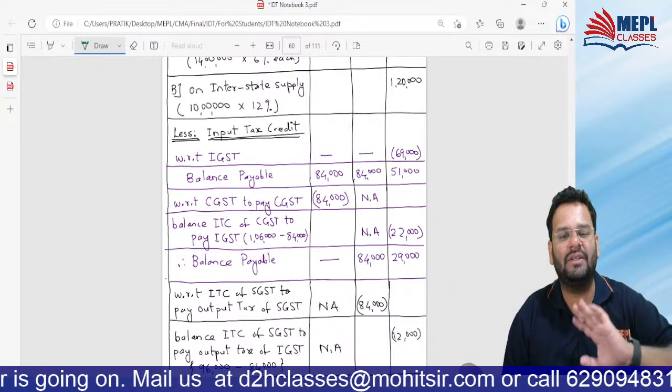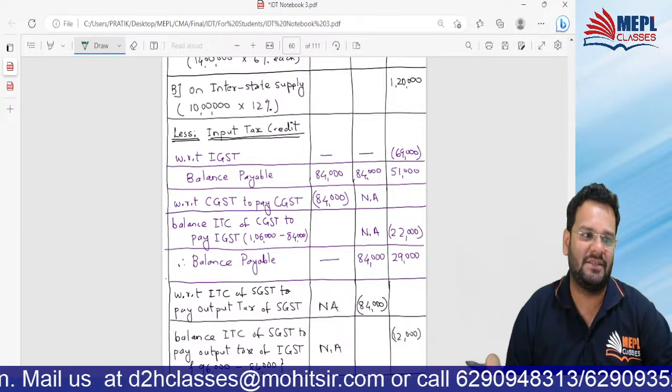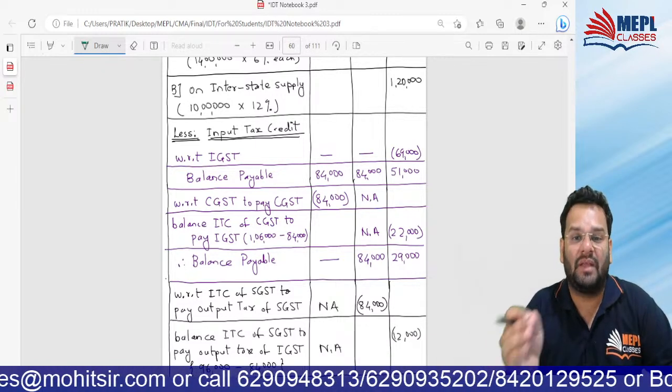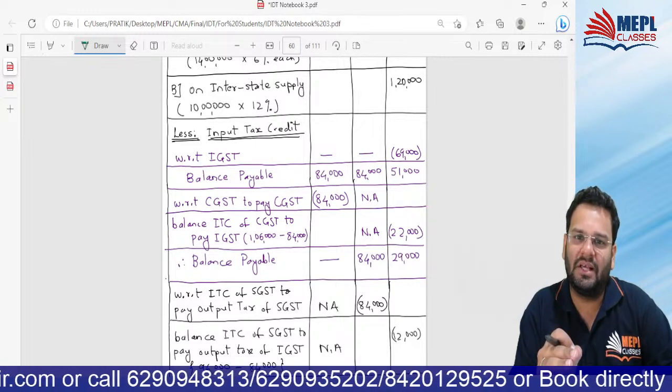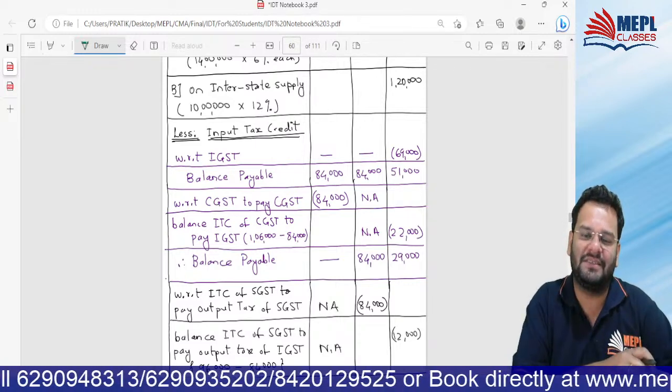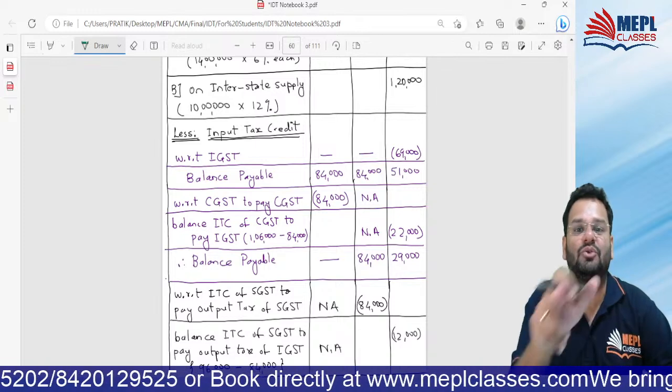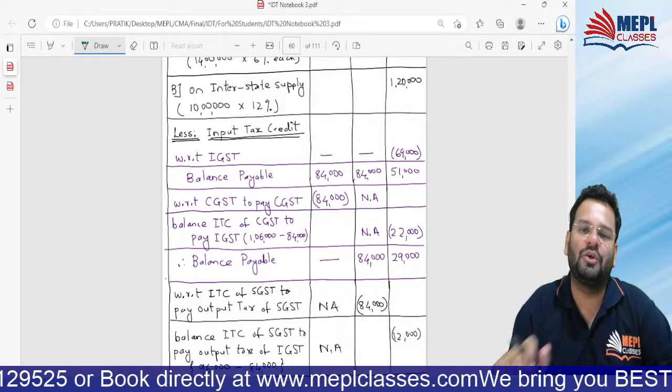Similar thing you did with ITC of SGST. And you know that in no case ITC of CGST can be utilized to pay output tax of SGST, and ITC of SGST in no case can be used to pay output tax of CGST.